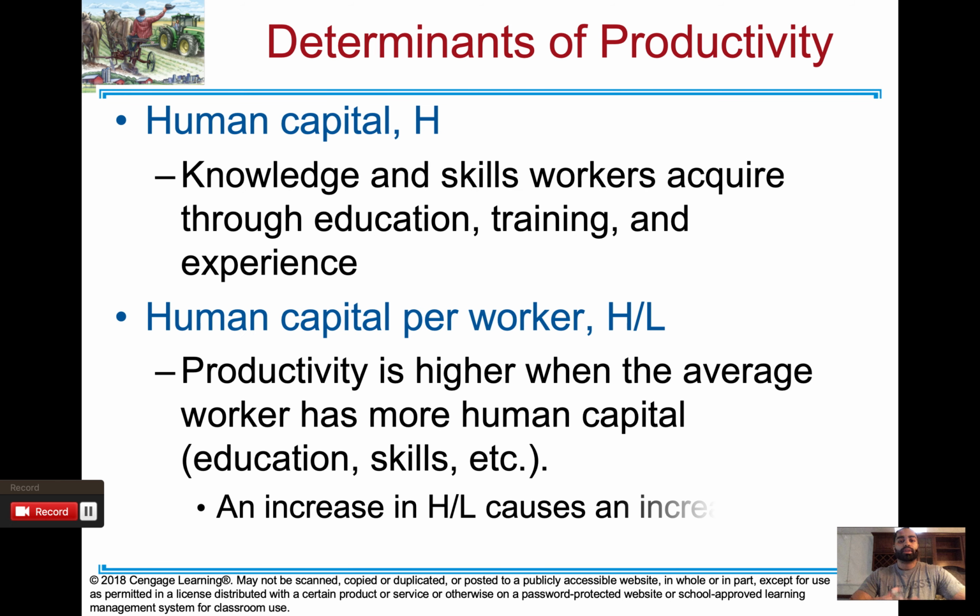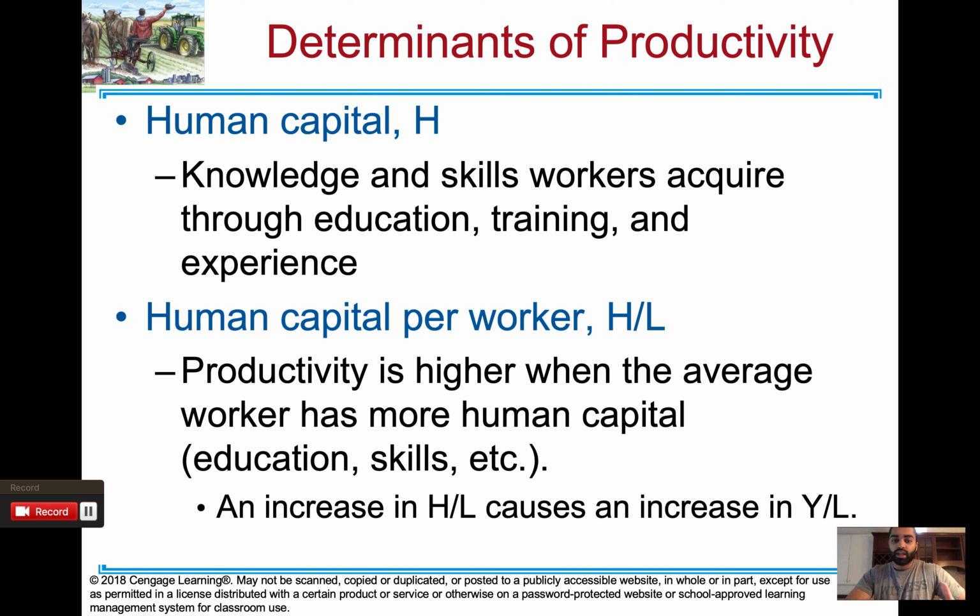All right, human capital. This is knowledge and skills workers acquire through education, training, and experience. So human capital is just denoted as H. The more education you have, the more schooling, the more individual training that you have, you provide more human capital. You need human capital to be able to use these tools in an innovative way, in the most efficient way. You can't just expect to have these tools and automatically know how to use them.